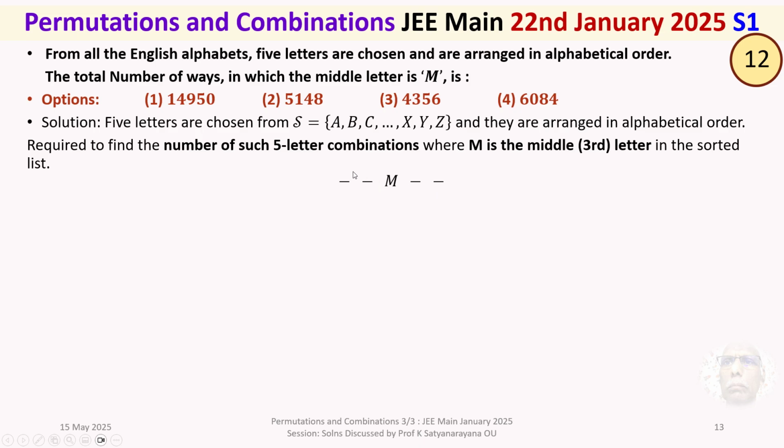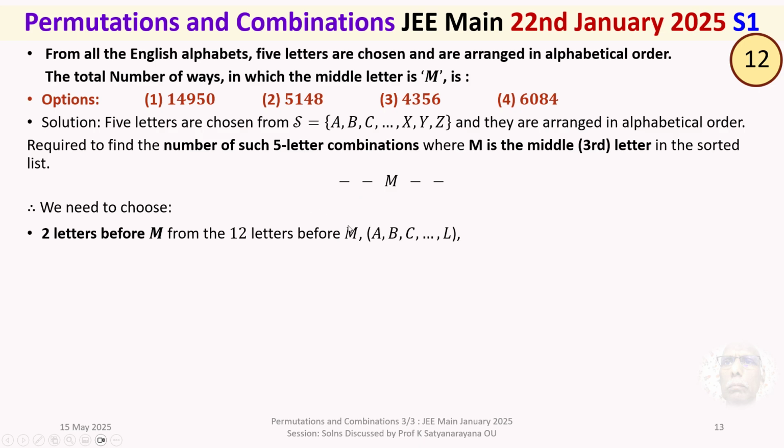These first 2 dashes, you can fill up by the letters before M. How many? 12 letters, A, B, C up to L. These second 2 dashes can be filled with 13 letters, that is from N to Z. So we need to choose 2 letters before M from the 12 letters before M. What are the 12 letters?